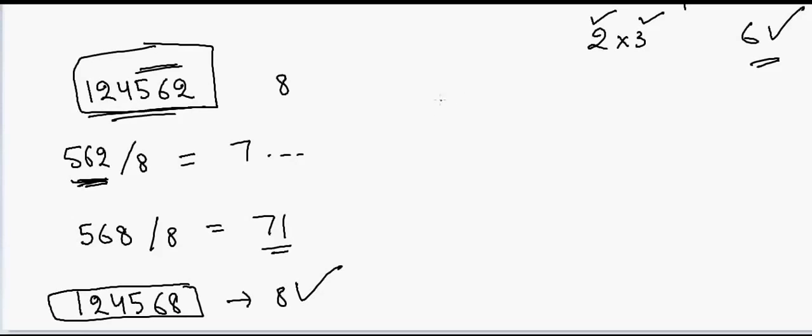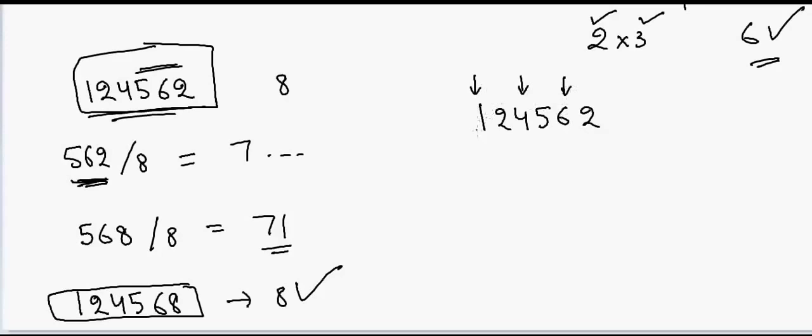Now let's talk about the divisibility by 11. If I have 124562, and I want to find out whether this number is divisible by 11, what I'll do is take the alternate digits.